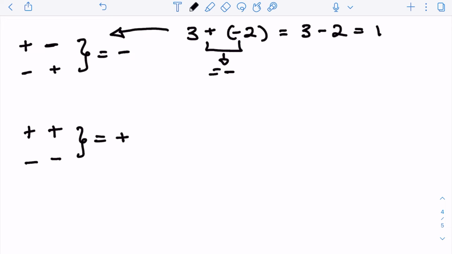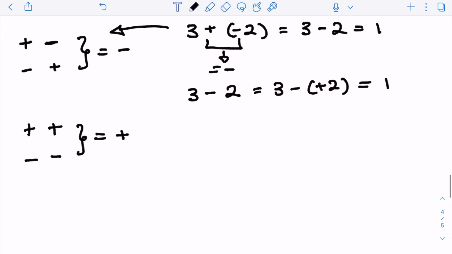In the same way, if we did it the other way around, 3 minus plus 2, we will still get 1. And if you look, these are identical and these are identical.